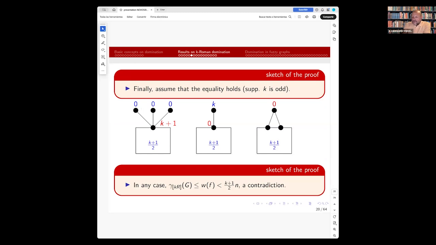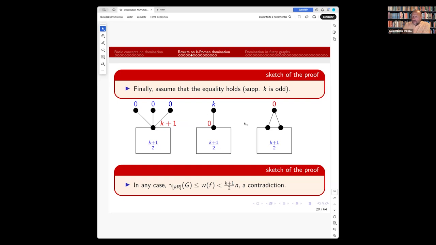If the support vertex is a weak one, then we can define the function by assigning the label k to the leaf and 0 to the support. In both cases, we obtain a function whose weight is less than the k-Roman domination number, which is a contradiction.